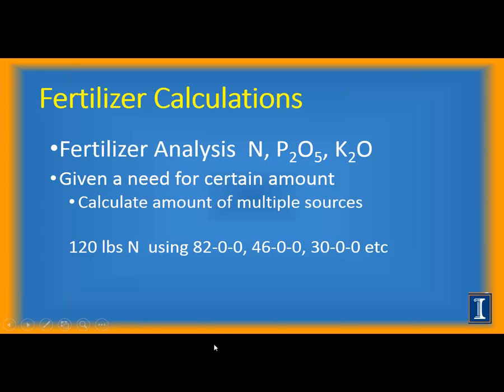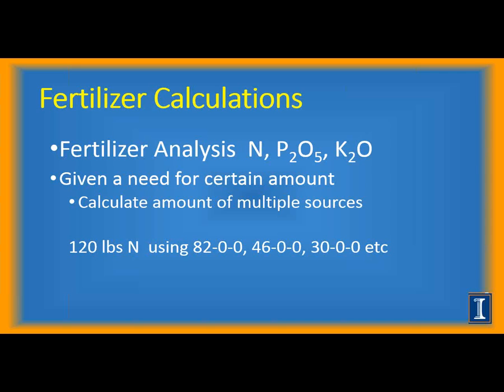All right. So another thing you might be asked to do, and this would be quite obvious, is something they would ask. You have a given fertilizer analysis, and then you have a given need for a certain amount of a fertilizer element. And then you may be asked to calculate the amount that you would need of these multiple sources that all provide, in this case, nitrogen.